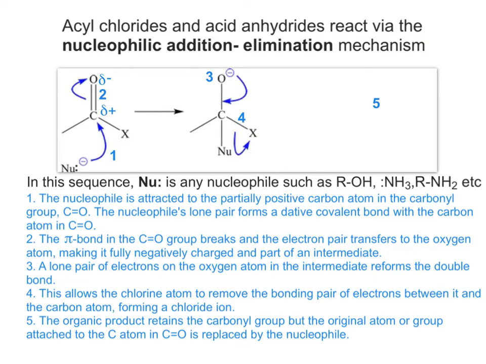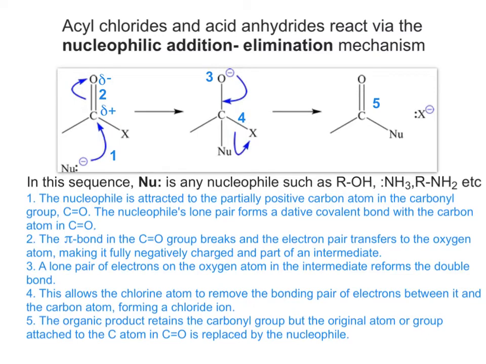Typical nucleophiles in this instance might be alcohols containing the oxygen with its lone pair, ammonia containing the nitrogen with its lone pair, or for example amines containing a nitrogen with a lone pair.